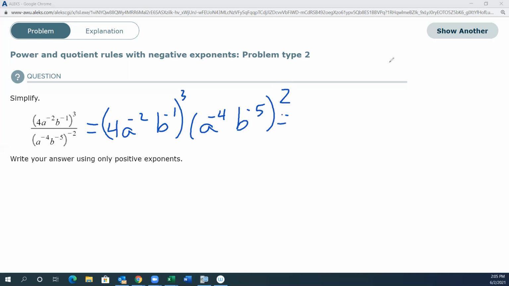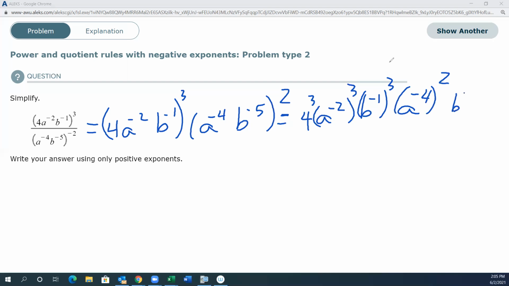Okay, so let's bring that 3 and that 2 in. So we'll get 4 to the 3rd, a to the -2 to the 3rd, b to the -1 to the 3rd, a to the -4 to the 2nd, b to the -5 to the 2nd.